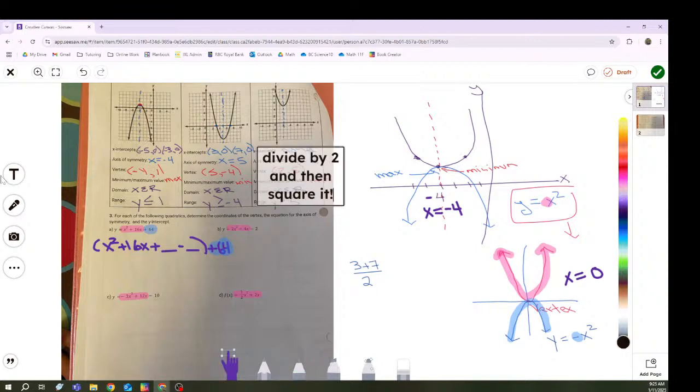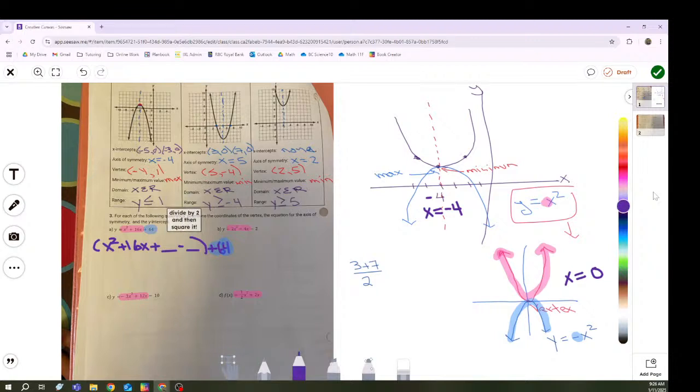And I'll put a little arrow as a reminder. That's going to go to our second term here. So what is 16 divided by 2 squared?